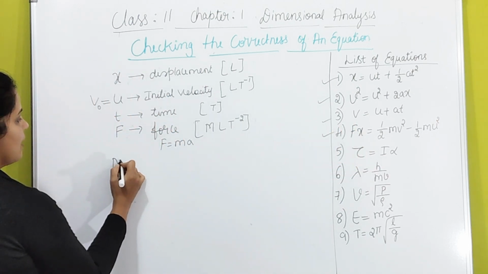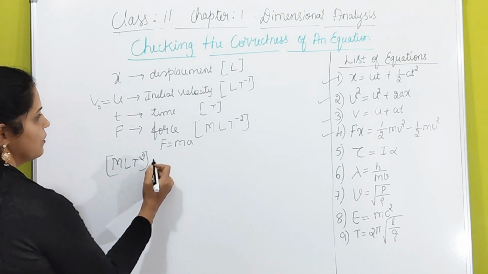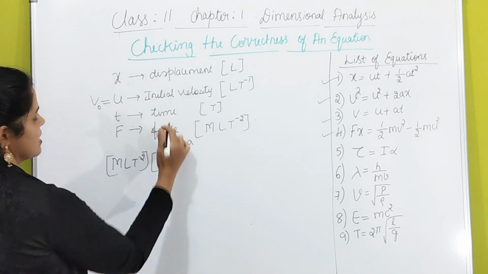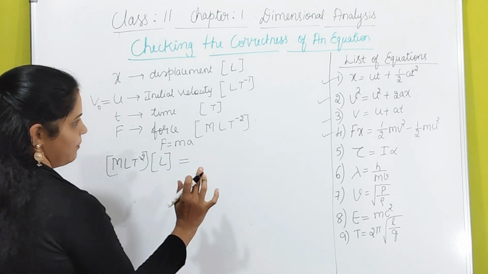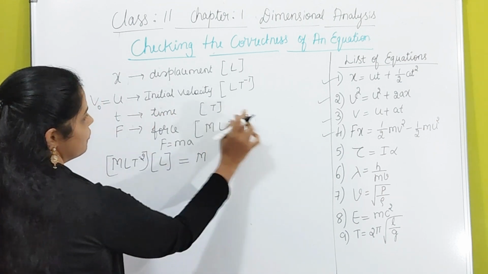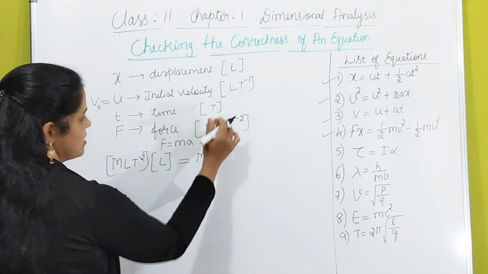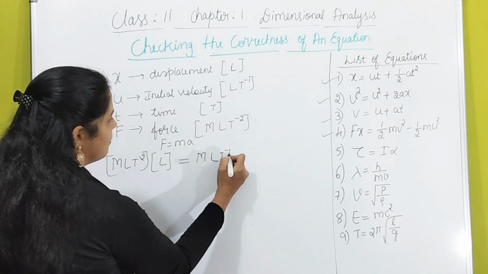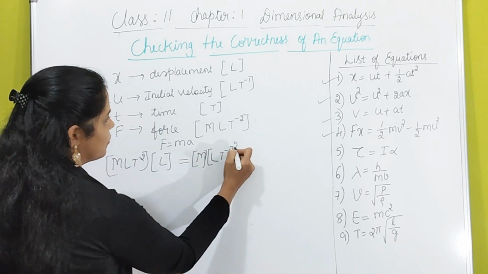That is MLT minus 2 into x. X is a displacement, so length. Half has no dimension, don't write it. Mass is capital M. Then v is velocity, final velocity, initial velocity, both have the same dimension, LT minus 1, and you have to square this.